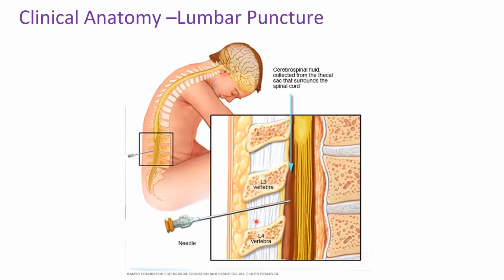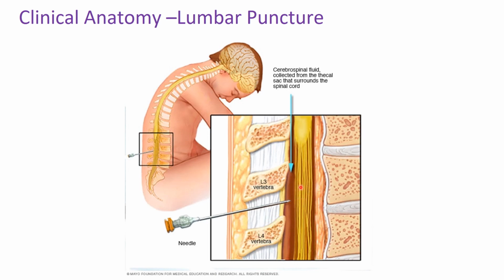So how do we minimize this risk? We go to a level that is below the spinal cord, right? We know the spinal cord ends at the level of the L2 vertebrae, so we typically go between the L3 and L4 vertebrae or the L4 and L5 vertebrae. You don't want to go lower than the L5 vertebrae because then you're getting to the sacrum.